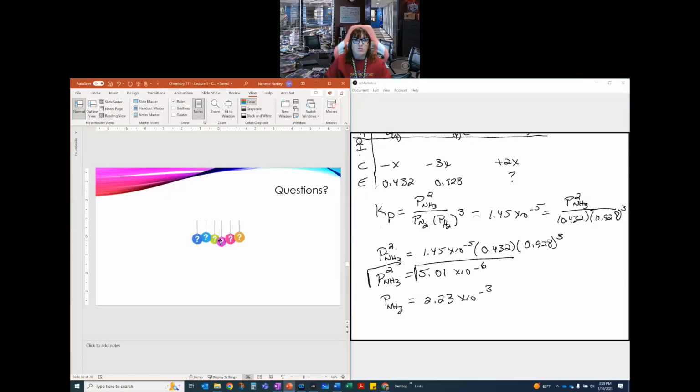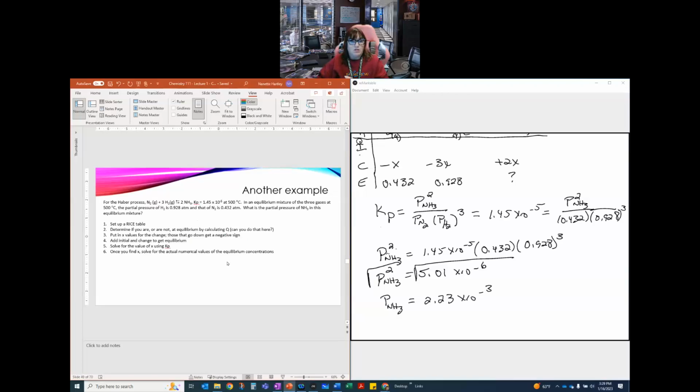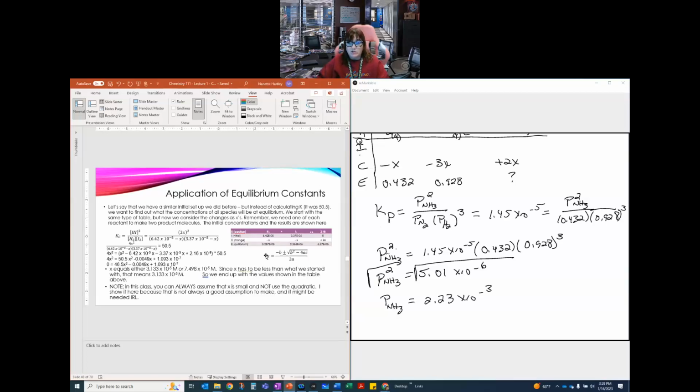The thing for me is, do you know how to solve for things that you would be asked to solve for? I've walked you through how to solve for a K. I've walked you through how to solve given some of the equilibrium conditions. I showed you some things where we could solve for equilibrium values, okay?